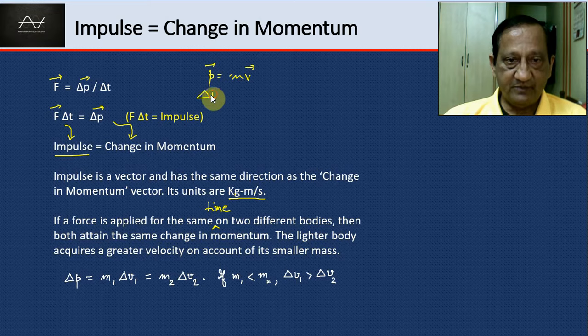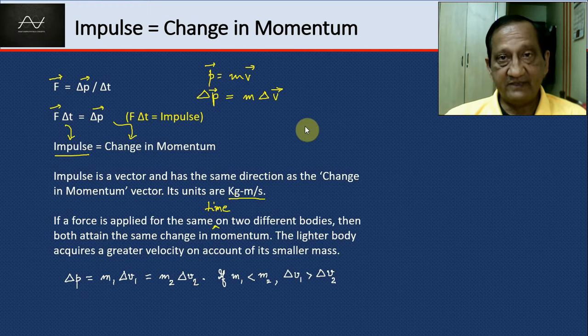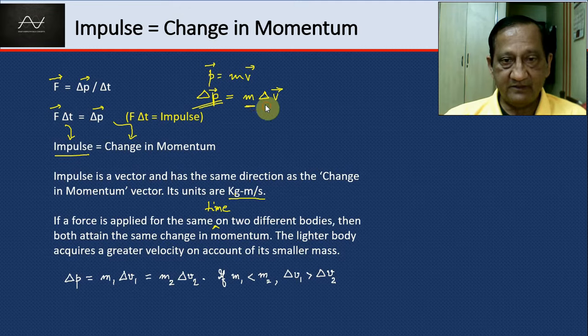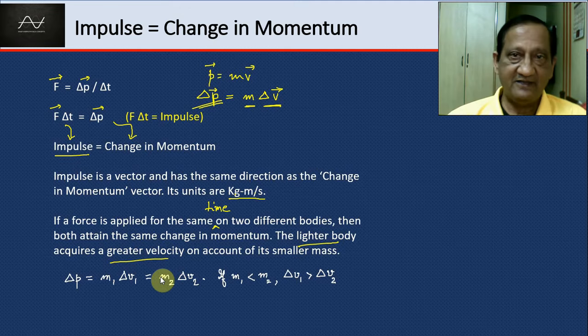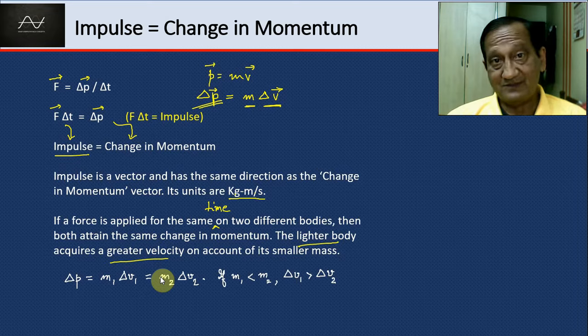So change in momentum will be m delta v. Mass is not changing, so v delta m term is 0. This is the same for both. If the mass is smaller, this will be larger. The change in velocity will be larger. So the lighter body is going to acquire a greater velocity because it has a smaller mass for the same impulse.